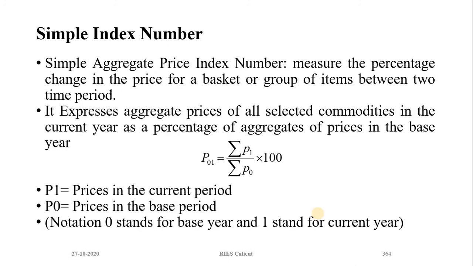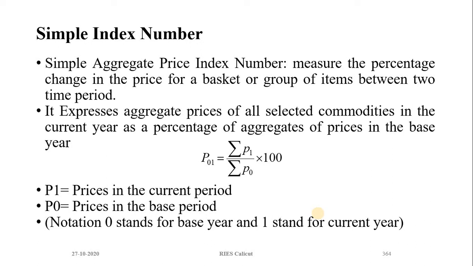Now, what is the simple aggregate price index number? So simple aggregate, as the name indicates, measures the percentage change in prices, not for a single commodity, but for a group of commodities. Aggregate means there are a large number of commodities.